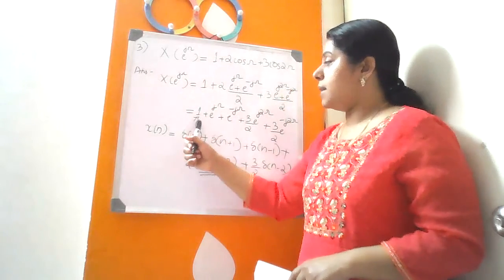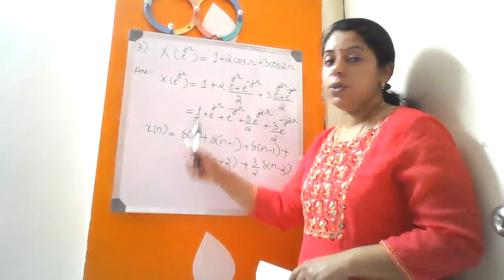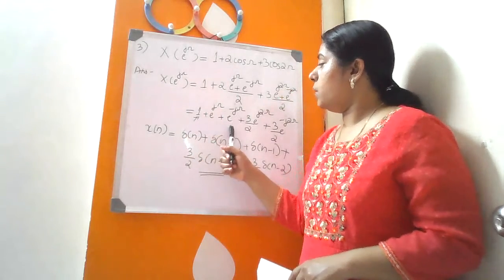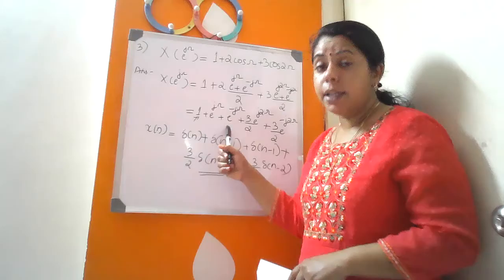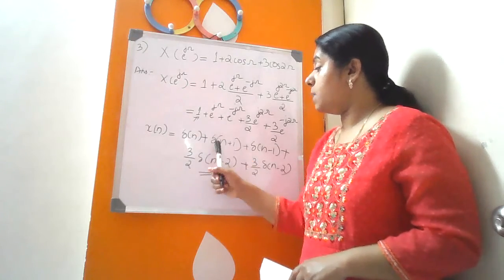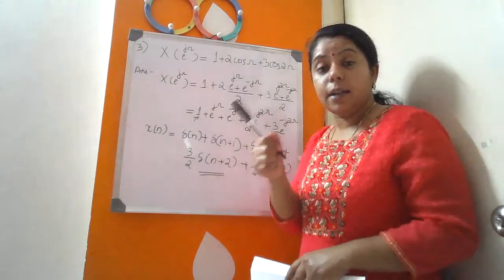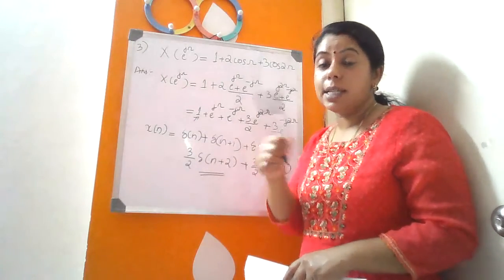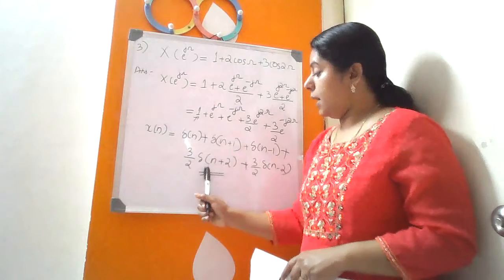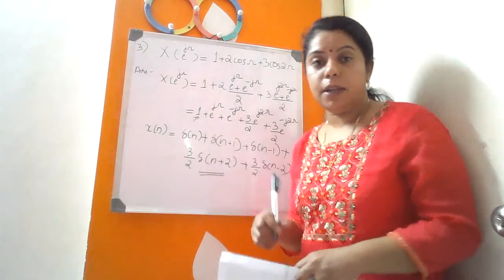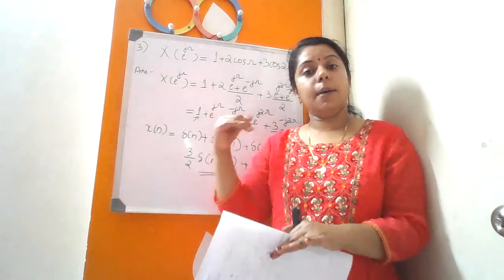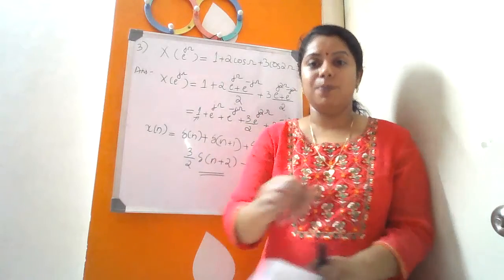Here the k value is 0, so directly I'm saying this is an impulse function. Here the k value is plus 1, so that's why it is del of n plus 1. Similarly for minus 1, plus 2 and minus 2. So these kinds of problems you can directly solve based on this equation also. Thank you.